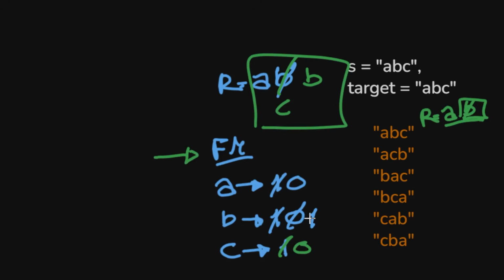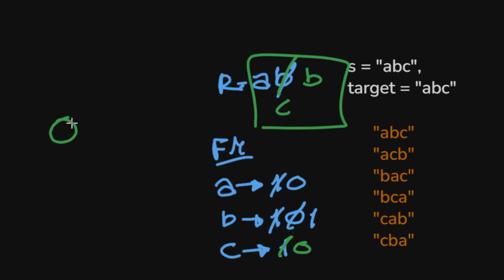If we don't have anything available greater than this character in the frequency map, we return an empty string right away. And if we do have something available greater than b in this case, we replace it with the corresponding character, and then we use the smallest possible suffix.